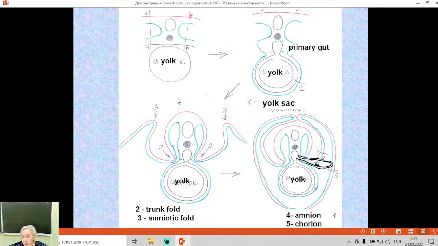For example, number 1 is the yolk sac, which consists of 2 layers, endoderm and mesoderm. Cells of the endoderm secrete enzymes that make yolk substances available to the embryo. In the mesoderm, you can see the process of formation of the first blood cells and blood vessels.